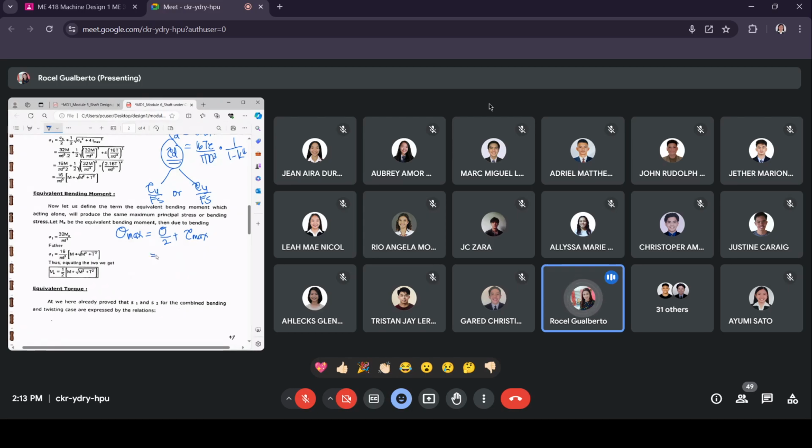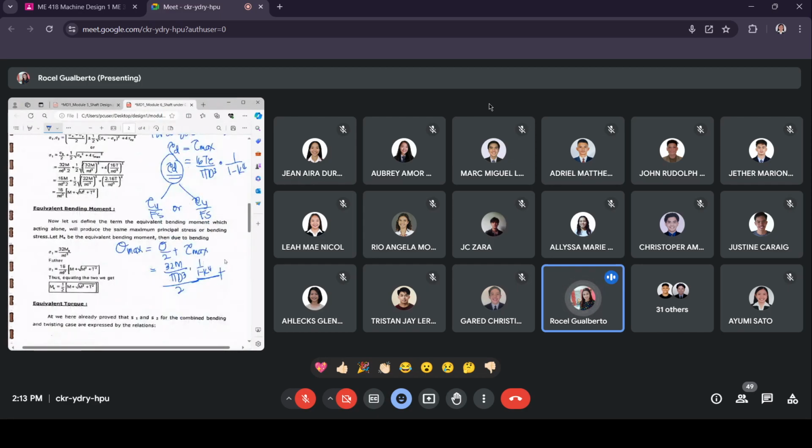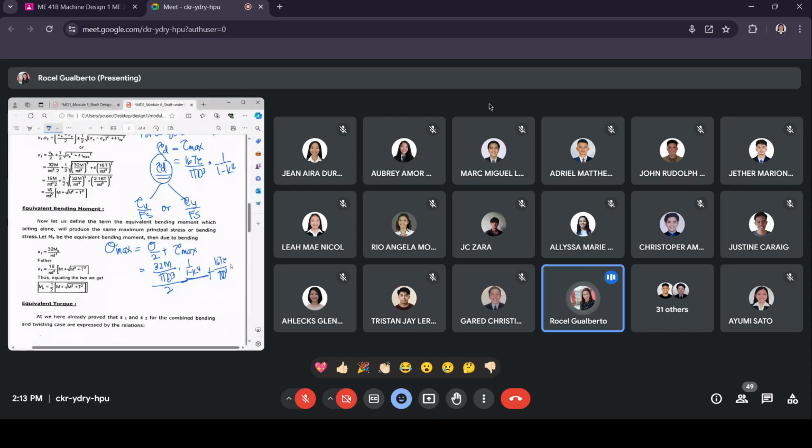So for bending, this is 32M over pi d cubed, divided by 2, times 1 over 1 minus k to the 4th. So this is sigma over 2 plus your tau max. What is our equation for tau max? Your tau max is equal to 16TE over pi d cubed times 1 over 1 minus k to the 4th.